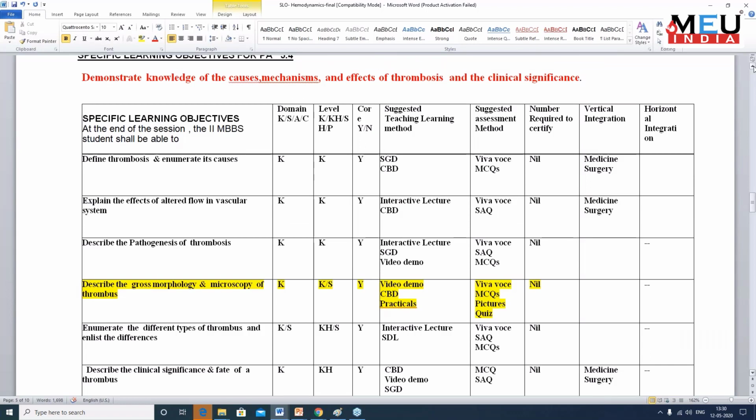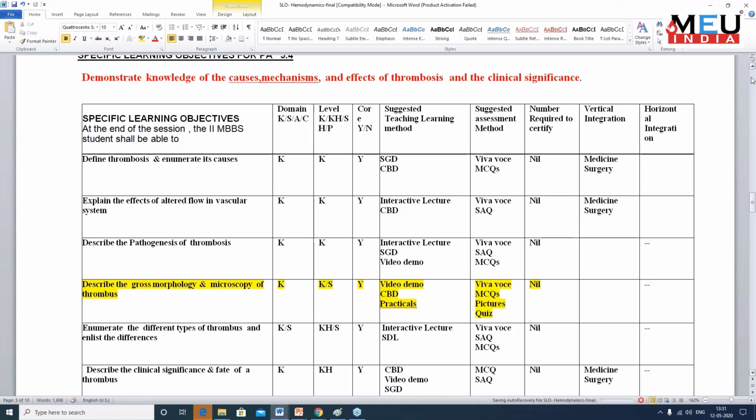Again, I would prefer a small group discussion for this, and the method of assessment would be viva voce or MCQs. A vertical integration with medical or surgical departments can be taken. If there is a DVT case from surgery in their wards, we can have an actual live case demo, and then the student would be better able to understand the clinical scenario.